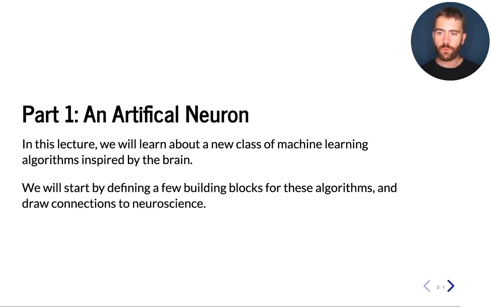And in this video, we will start with the very basics, and I'm going to describe a mathematical model of a neuron, which I'm calling here the artificial neuron. This simple model will be the building block for all of the subsequent models that we're going to see in this lecture and in the following lecture.